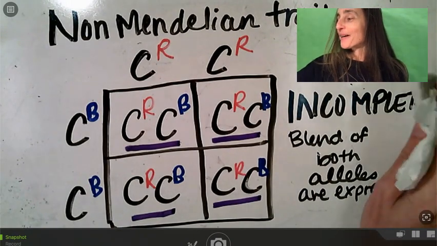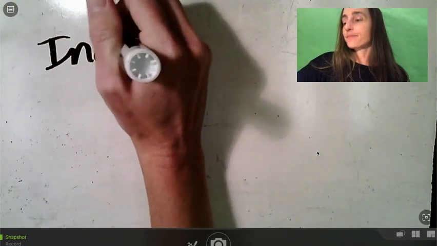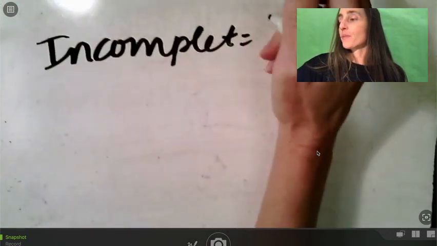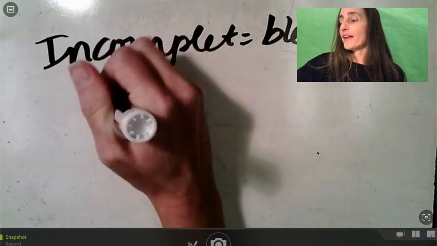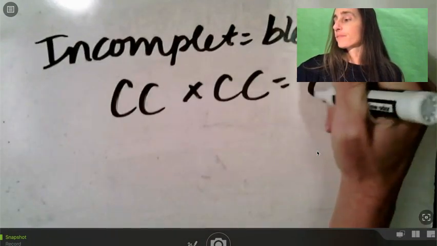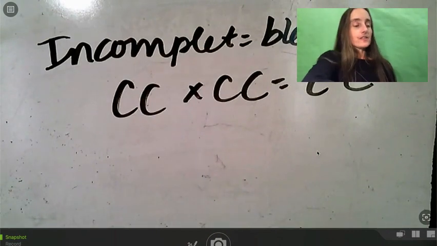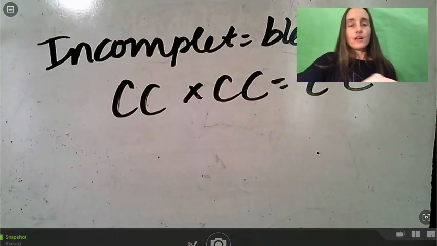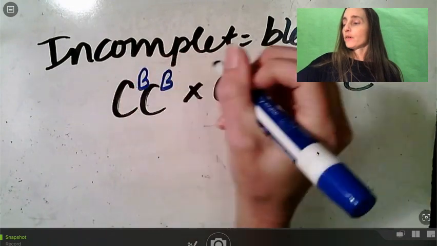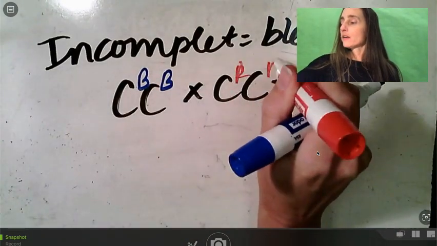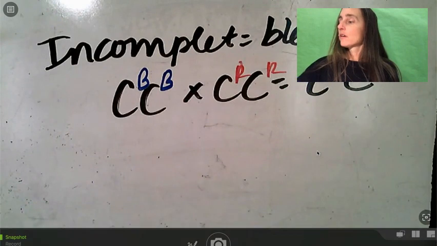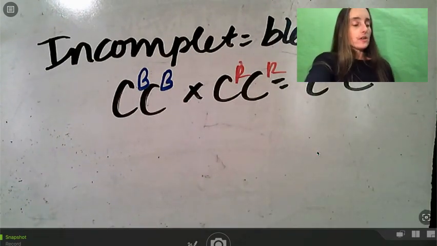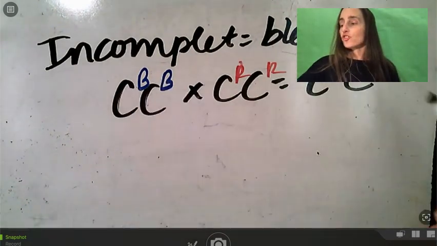Okay, so incomplete dominance is a blend. So in that instance, you are going to have blue and red equals, I just did the R first again just because, and then whenever you would actually write up, so this is a genotype, right?